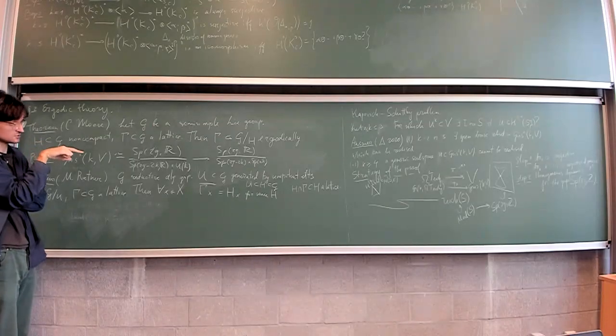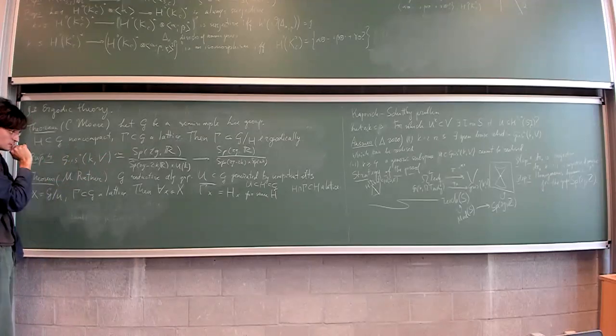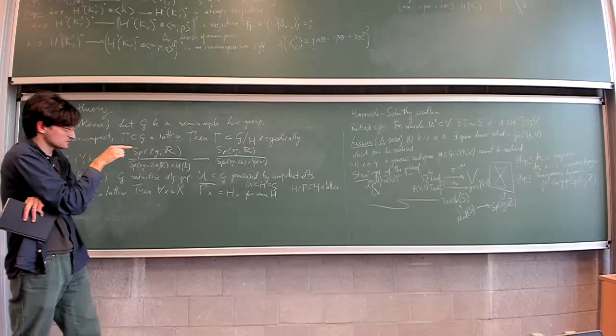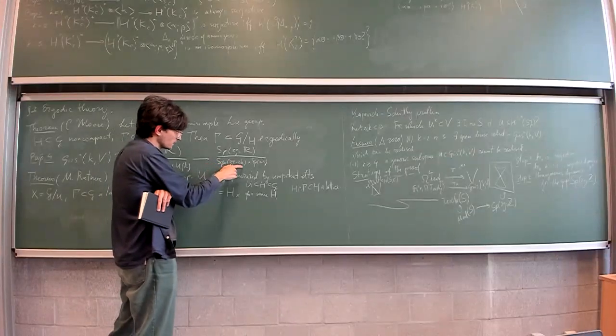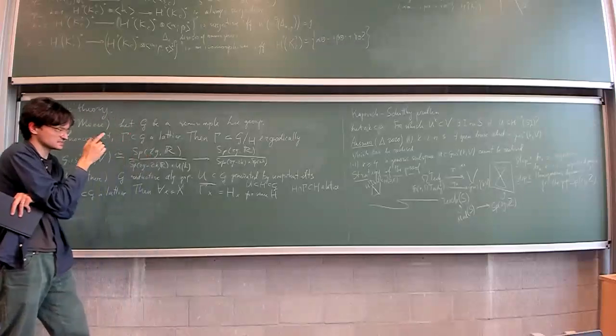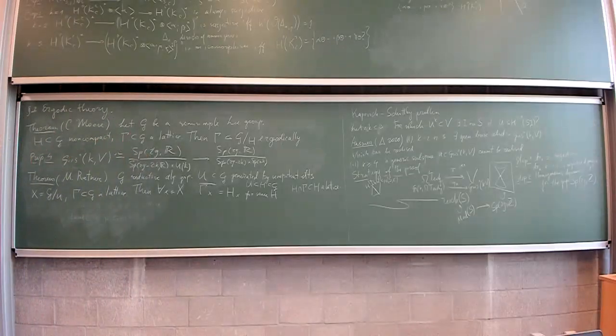But an interesting thing here is that when g equals 2, then there are lattices in SL(2,R) times SL(2,R) which do not come from a pair of lattices.